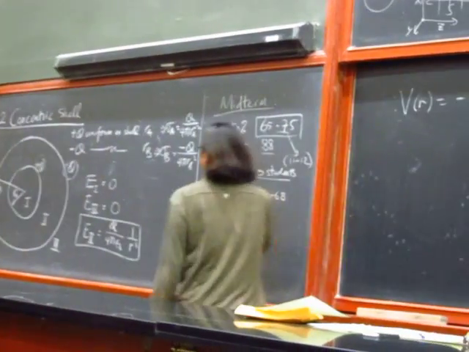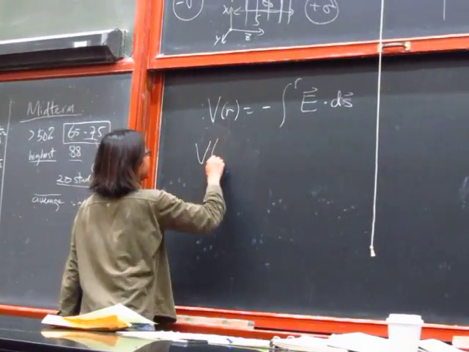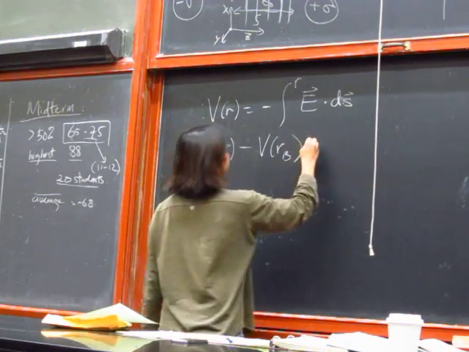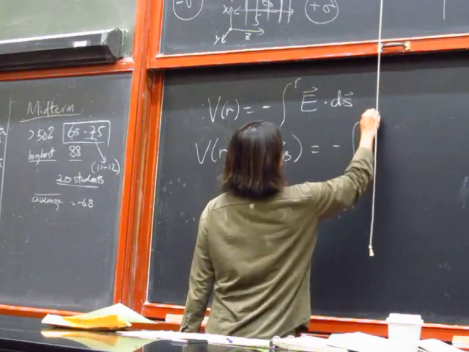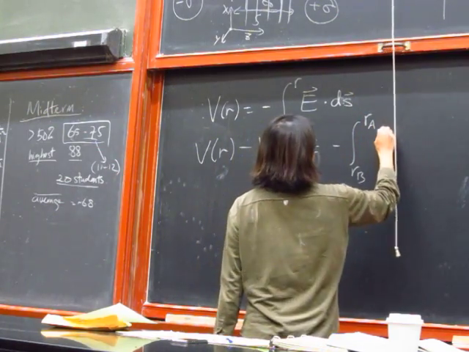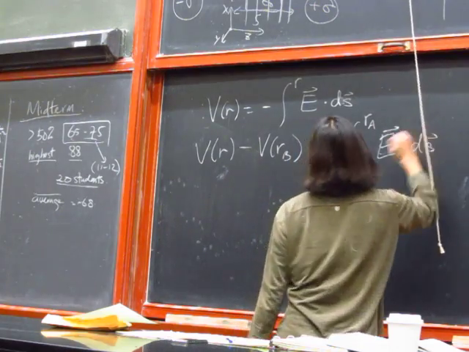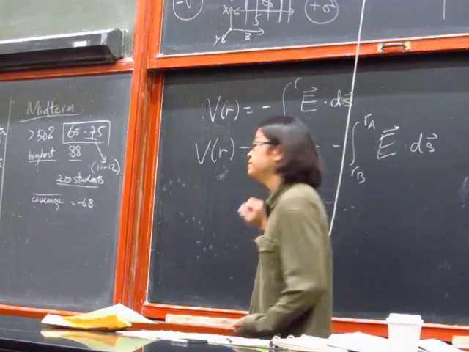I'm going to take my reference point to be RP, the outer shell. So V at R minus V at RP is equal to minus the integral from RP to RA of E dr. And we set the potential at RP to 0.